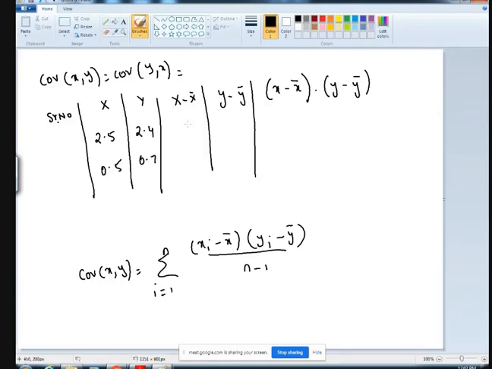Then you obtained x minus x bar as 0.69 and similarly 0.49 here. You have minus 1.31 and minus 1.21. Then you multiply this into this and this into this, and you obtain the answers 0.338, 1.581, and so on. You're going to do it for the 10 instances that are given.